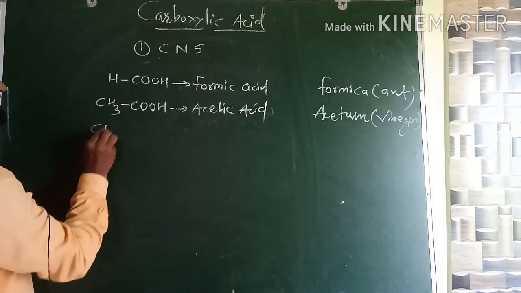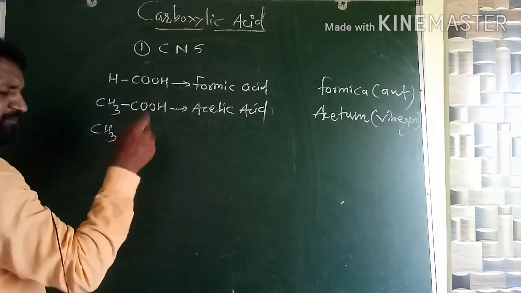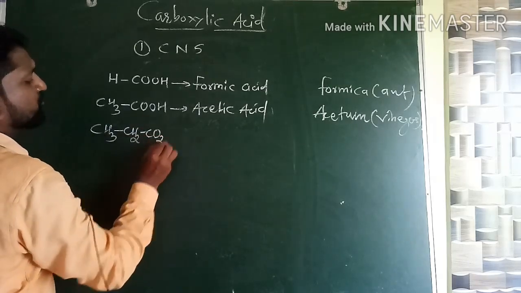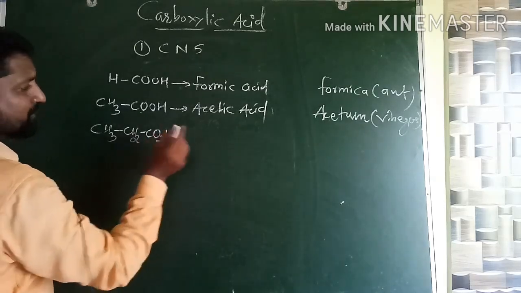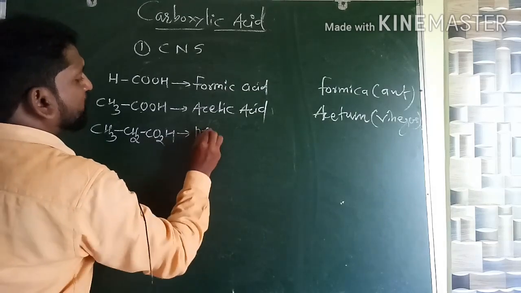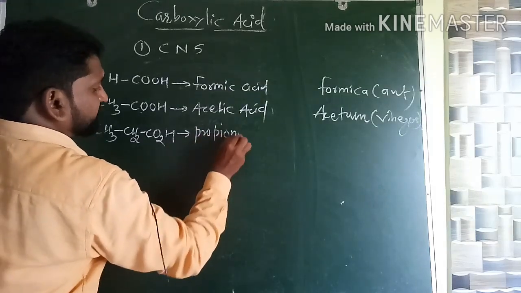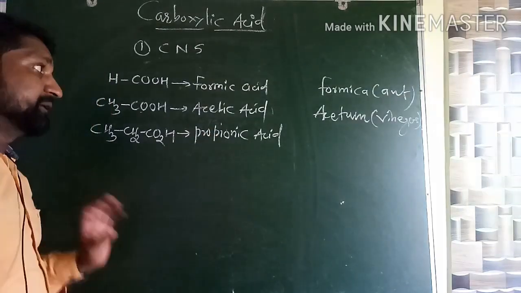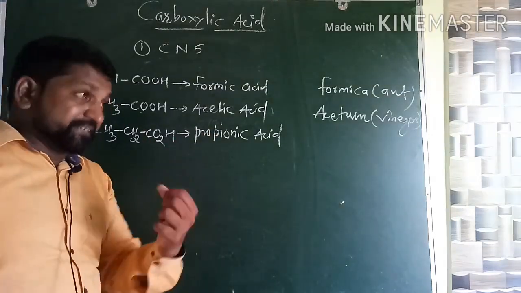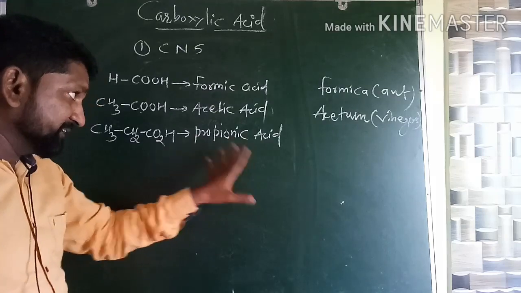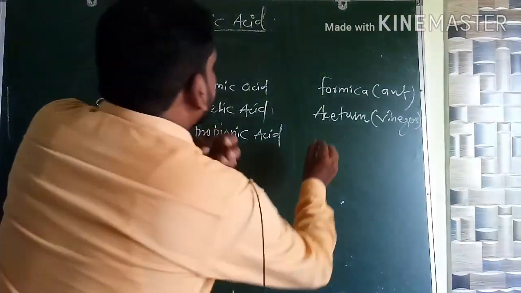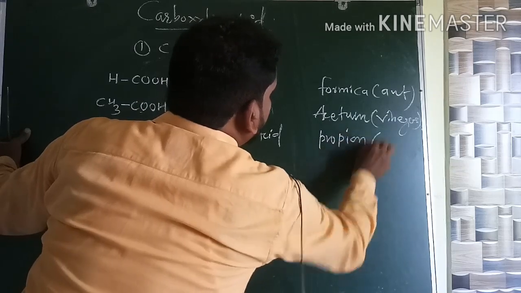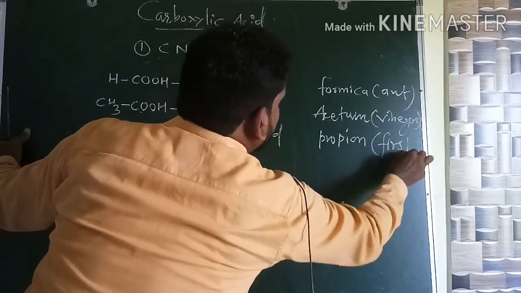After that, the next acid in the series, CH3CH2CO2H. What is this? Propionic acid. The common name of aldehyde we have taken arises from this name, that's why it is important. The source here is propion, which is nothing but the first fat.